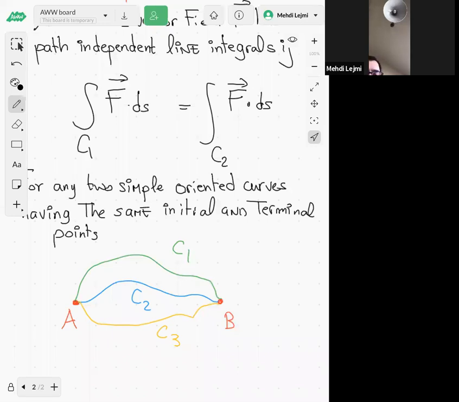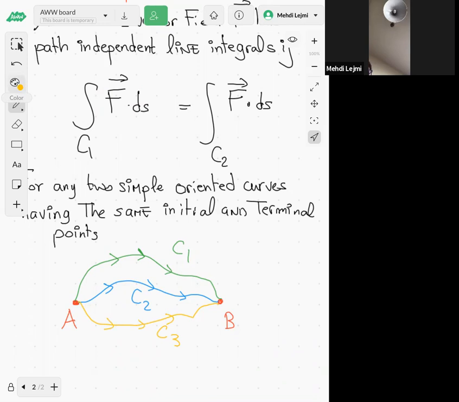All of them go from A to B. The first curve here, the orientation would be this one, of course. C2 has this orientation because you're going from A to B. Here's C3.